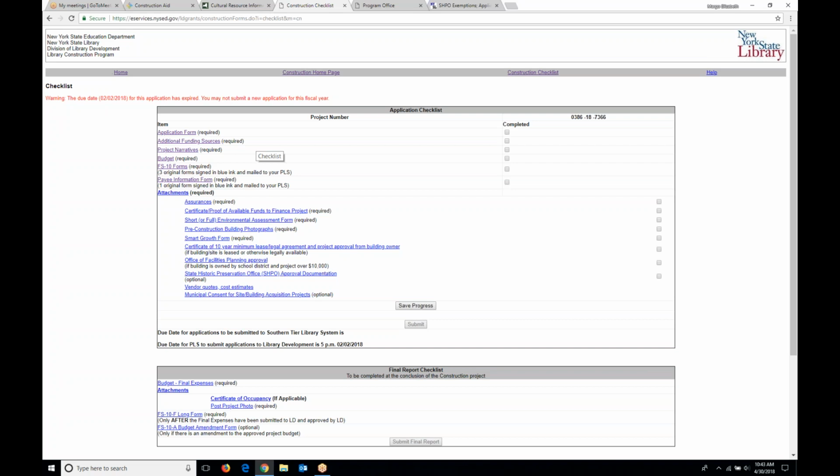I do not know of a single fundraising activity that earns this much money per hour invested in the process as construction aid applications. Again, this is aside from doing the actual construction management.